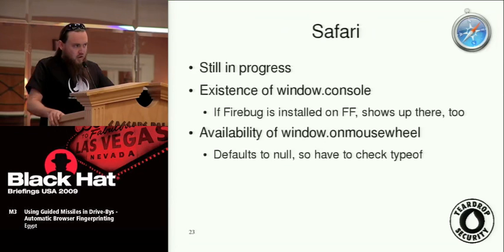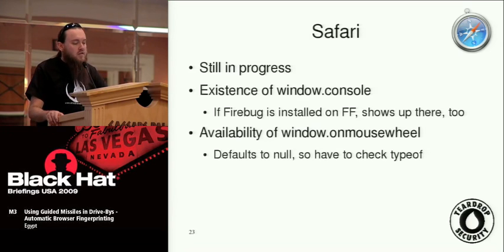Safari is still sort of a work in progress. We don't have very many exploits for it. The ones that we do have are for older versions, mostly on iPhone, which is really cool, by the way, but it's a couple of years old, and so I haven't worked specifically with Safari for very long. The two things that I've found for sure identify Safari are the existence of window.console and window.onMouseWheel. Other browsers implement one or the other.